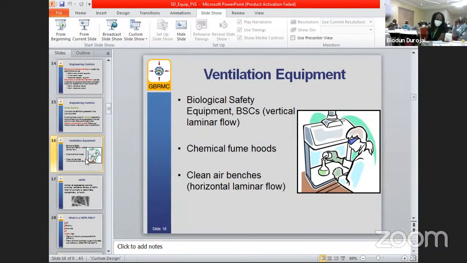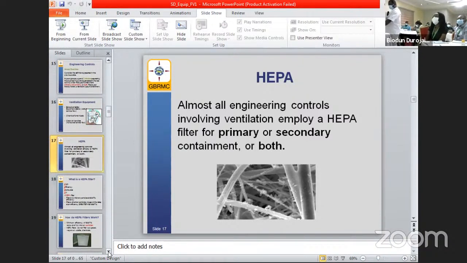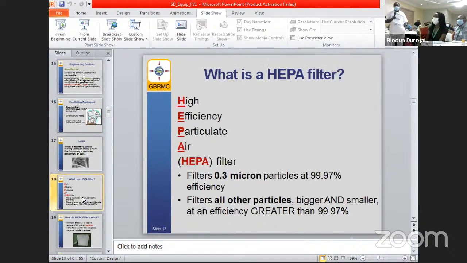Now, these are the various examples of ventilation equipment. Talking about filtration systems, our focus will be on the HEPA filter, the high efficiency particulate air filter.